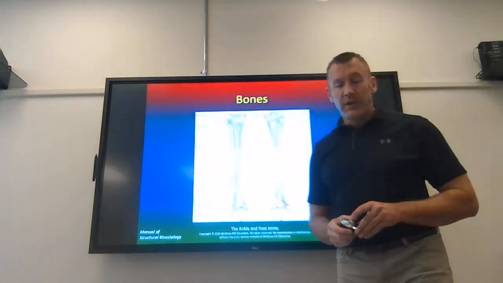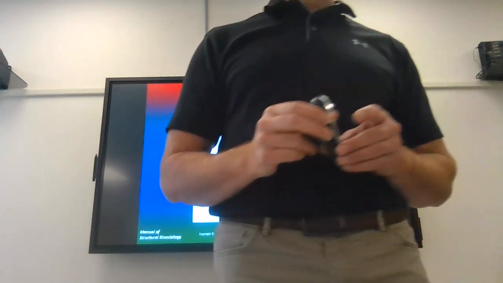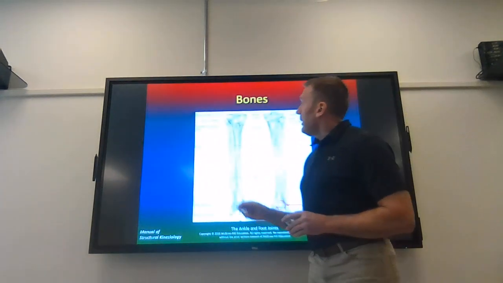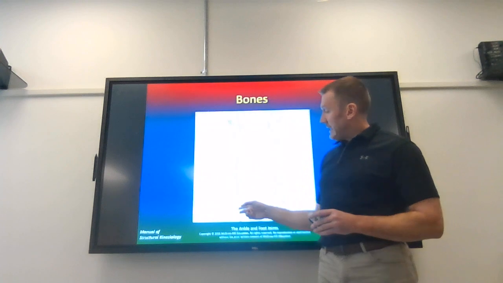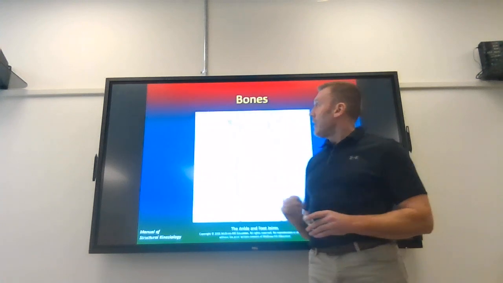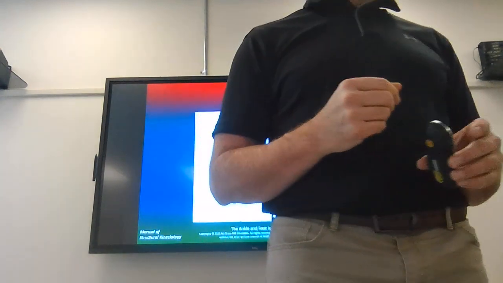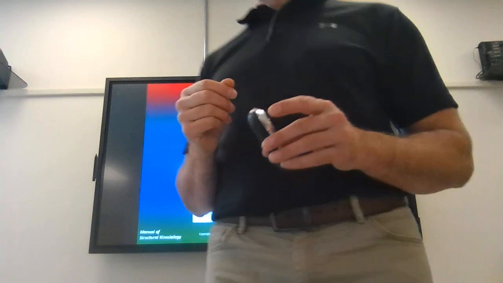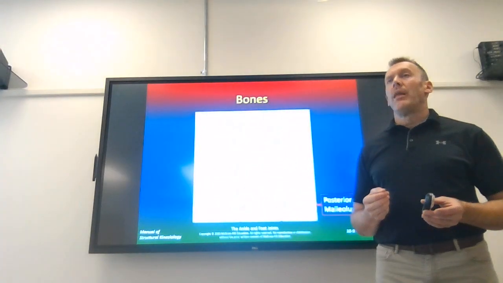Okay, so looking at the tibia and fibula, proximally, we have a tibiofibular joint. We also have a distal tibiofibular joint. So these are classified as slightly movable. So amphiarthrodial was the word for slightly movable.